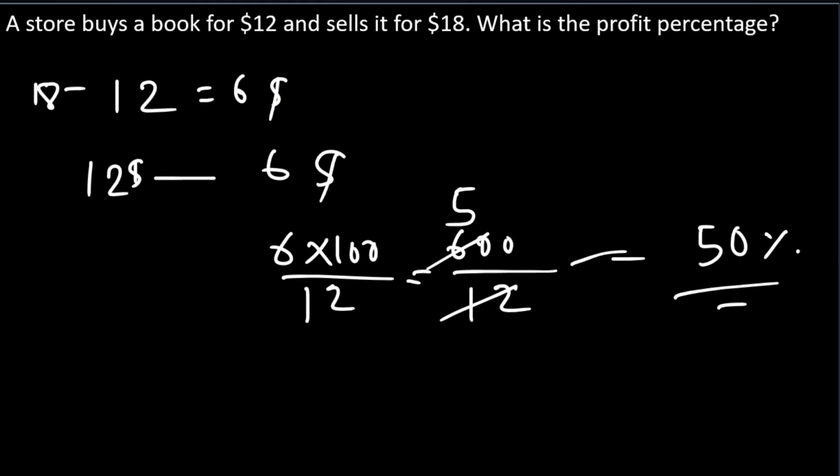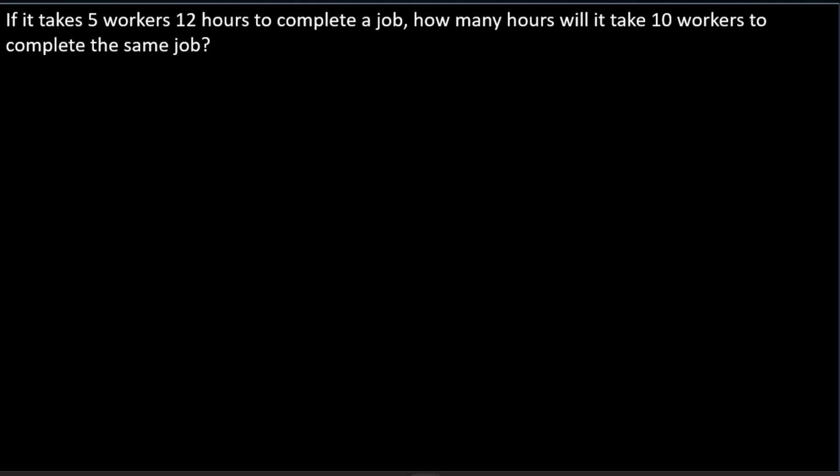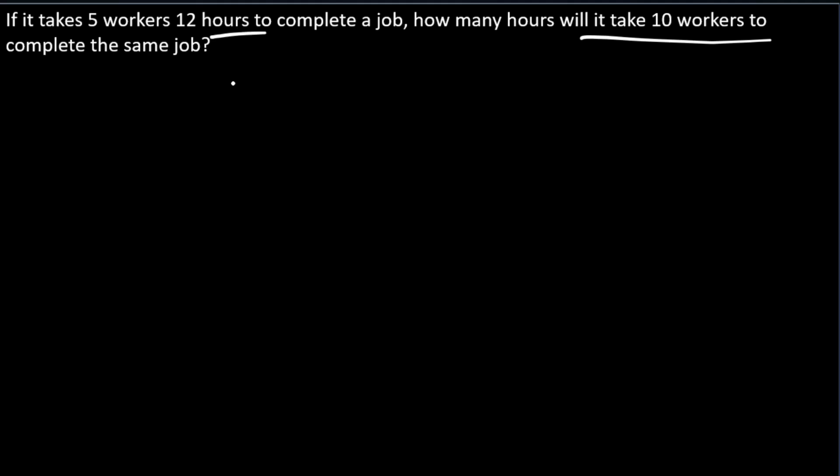Next problem: if it takes 5 workers 12 hours to complete a job, how many hours will it take for 10 workers to complete the same job? It's 12 hours, so 12 over 2 equals 6 hours. 6 hours is required for the 10 workers.